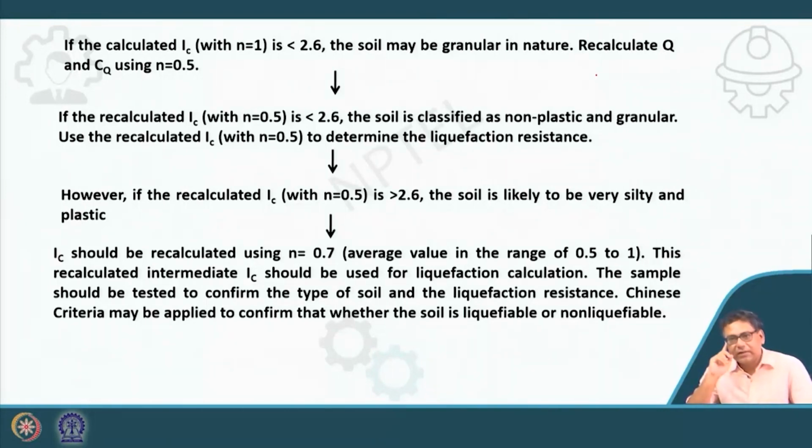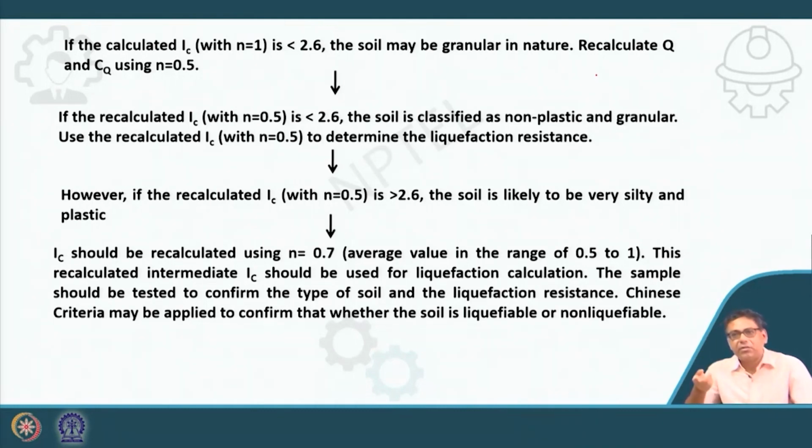So that means first you consider n equal to 1, and if the IC value is greater than 2.6, then it is clay. Then you confirm that the liquefaction will not occur. And if IC is less than 2.6, then the soil may be granular in nature. Now you recalculate the IC, considering n equal to 0.5.